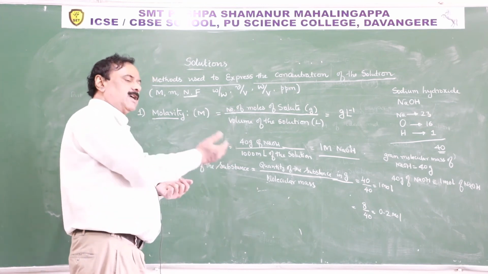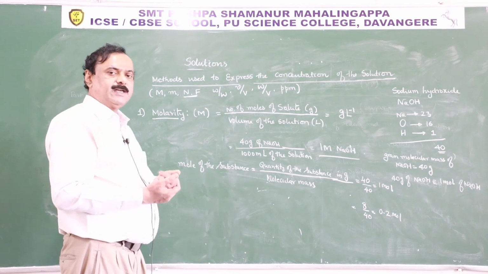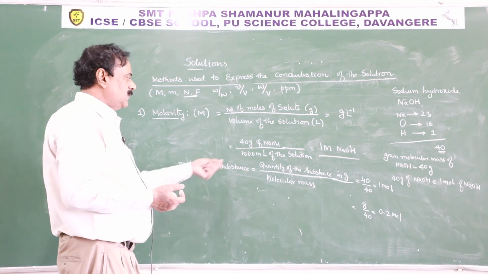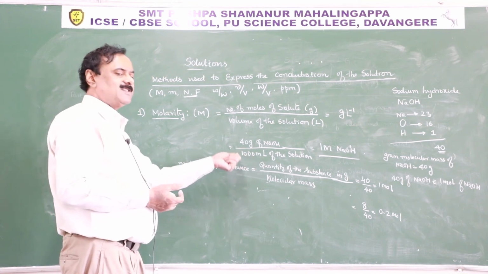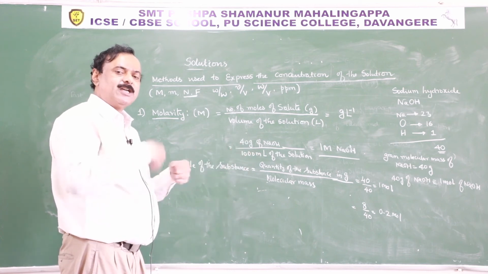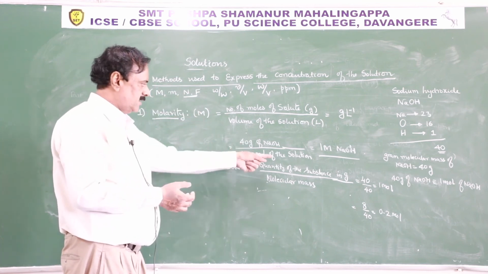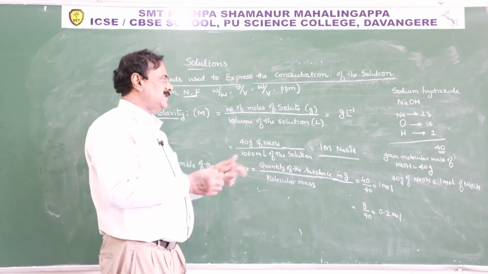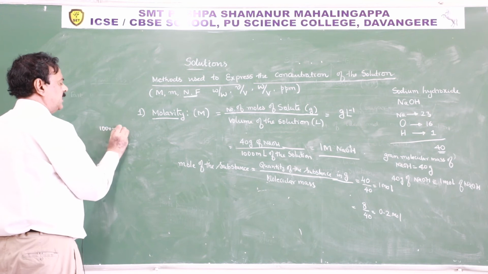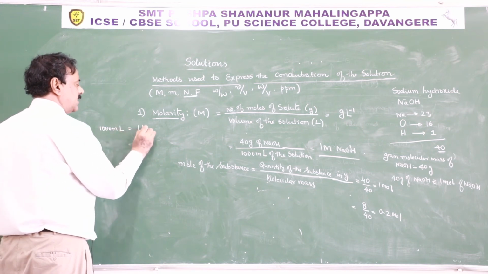Similarly, you can calculate the molarity of the solution. If it is 1000 ml, no problem. If 500 ml or 250 ml or 400 ml or 100 ml is given, then you have to convert it into 1000. If 1000 ml is given directly, that is equal to 1 liter.